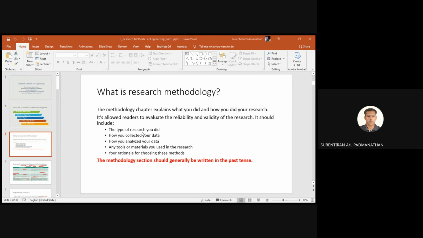Then the objective: you want to achieve this, with scopes, with this kind of limitation, only within this limited area. Then what method is suitable to achieve the objectives. You use that, then you discuss the results and conclude.